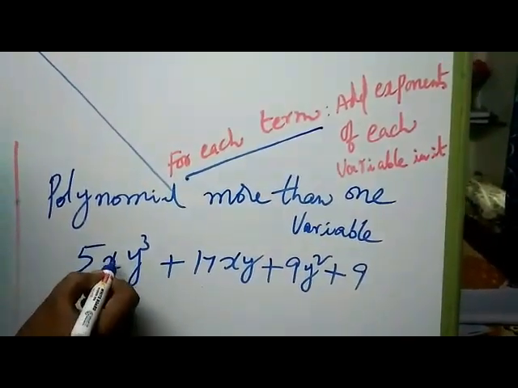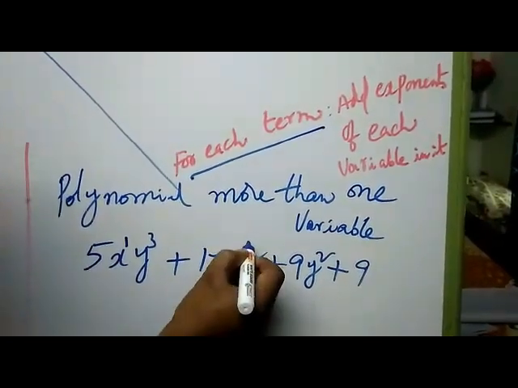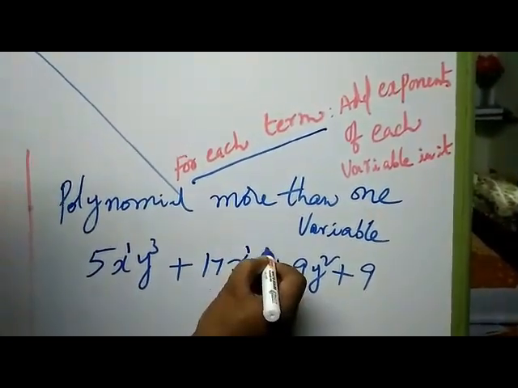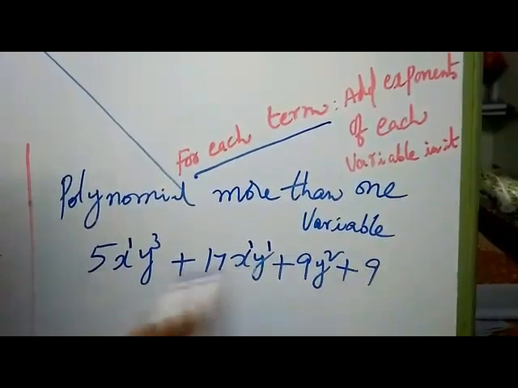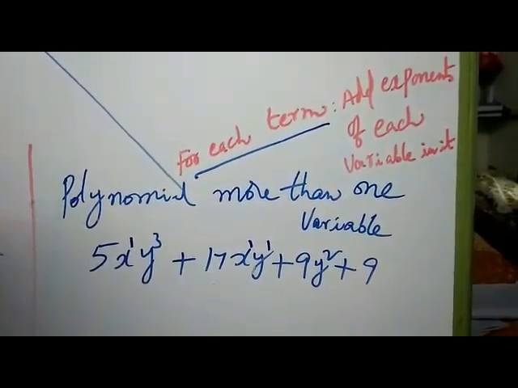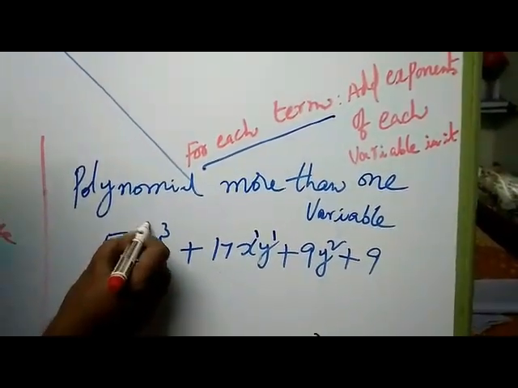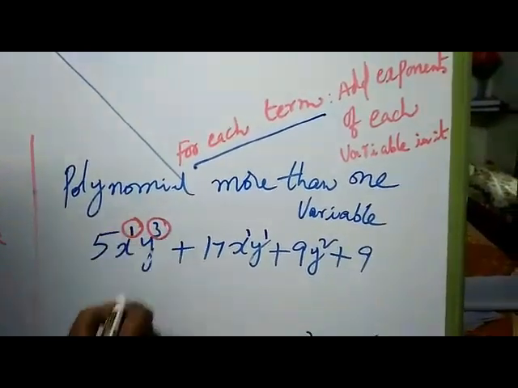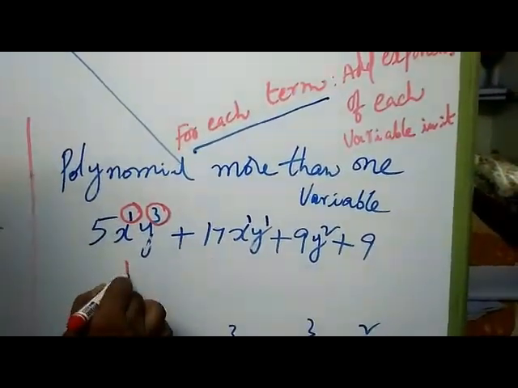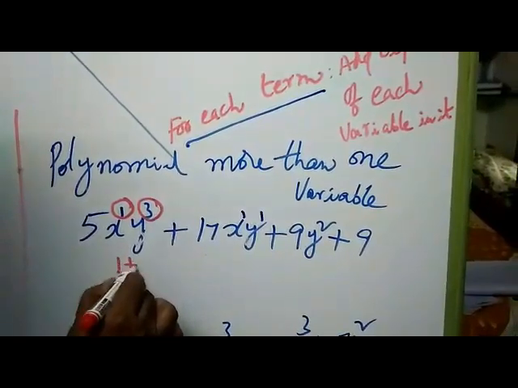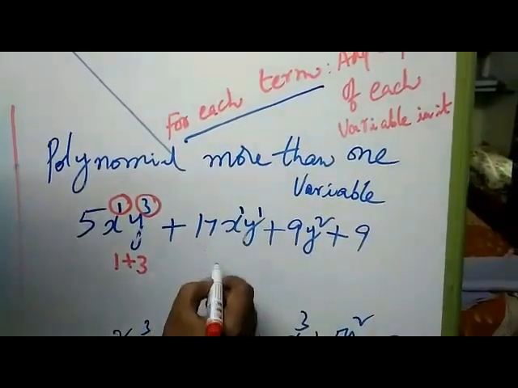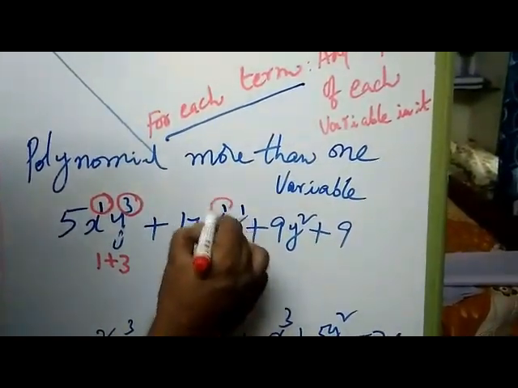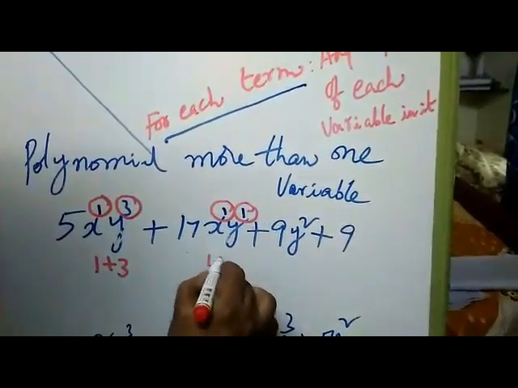What is the power of this x? 1. What is the power of this y? Here no need to check the constant. Now, what is the power of this variable? 1, 3. That's why we add the exponents, 1 plus 3. Here 1 plus 1.